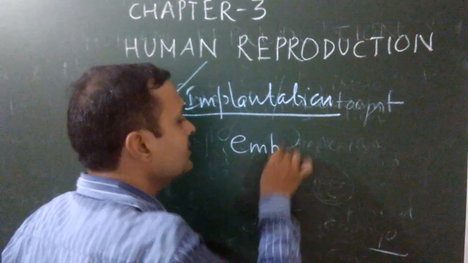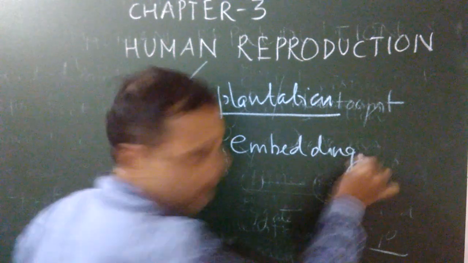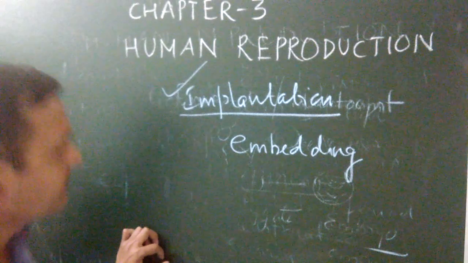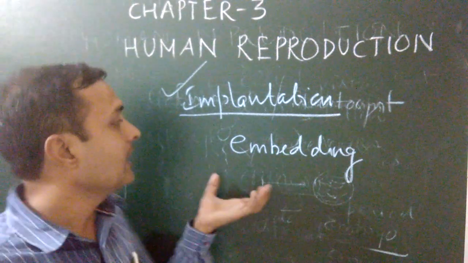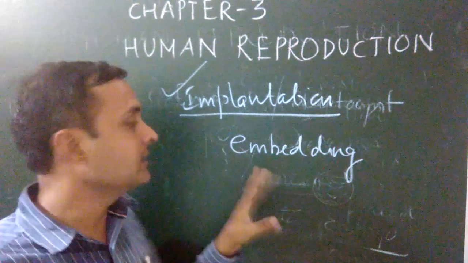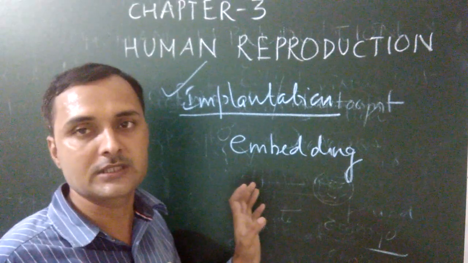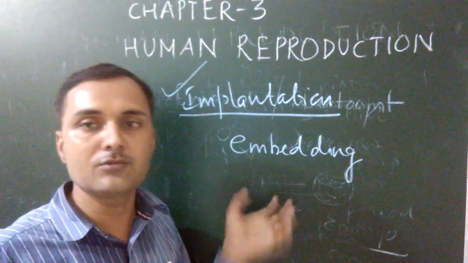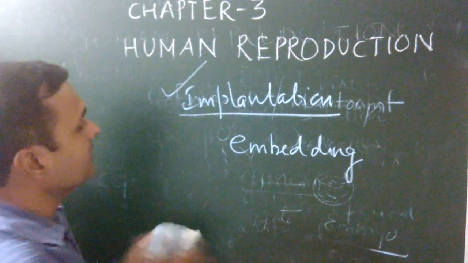Embedding means moving inside the wall of the uterus. Implantation is also known as pregnancy in case of humans. Come to the next. What is cell division?